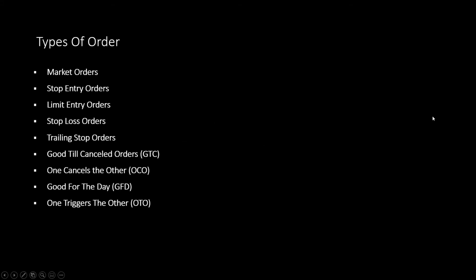The idea here is basically every platform has different types of orders: market orders, here and now, stop entry orders, limit entry orders, stop loss and take profit orders, trailing stop orders, and several other pending orders that are not available in all the platforms, but still it's very important you understand them, because when you face them it's important you know how to deal with them.